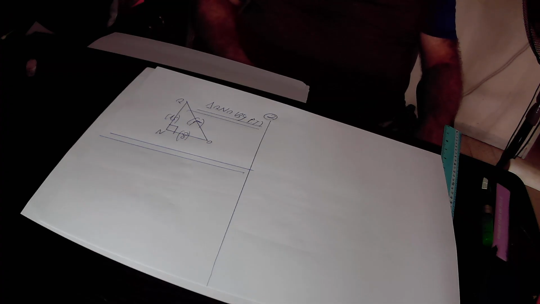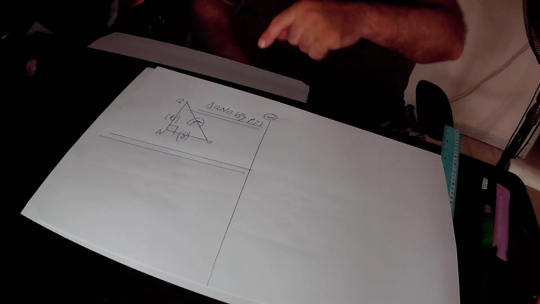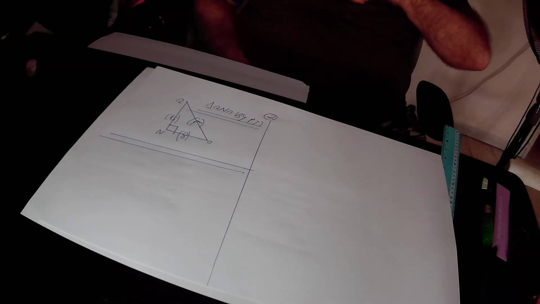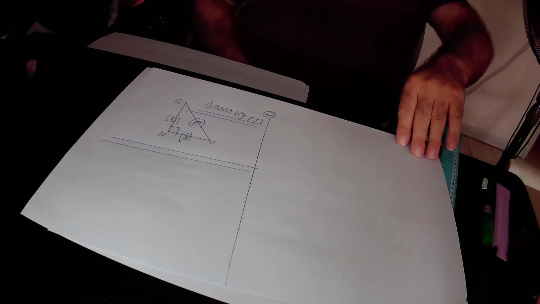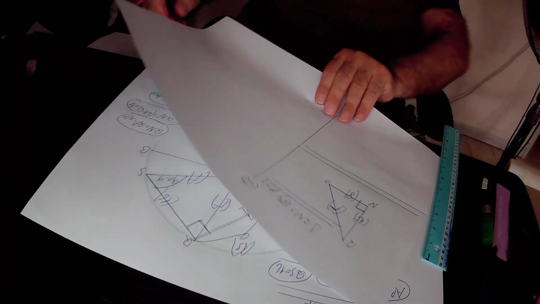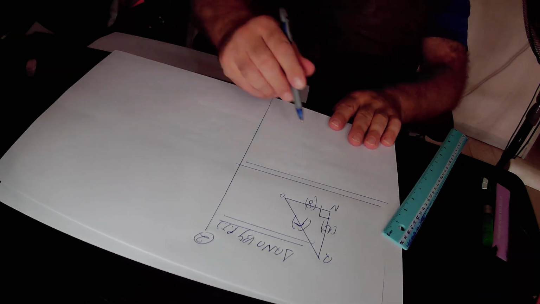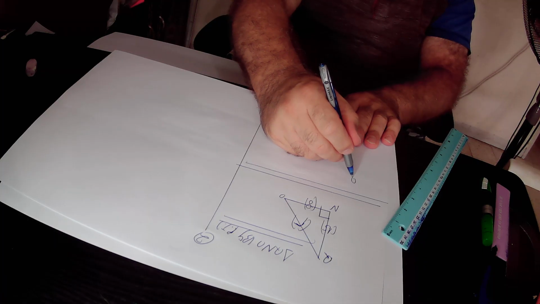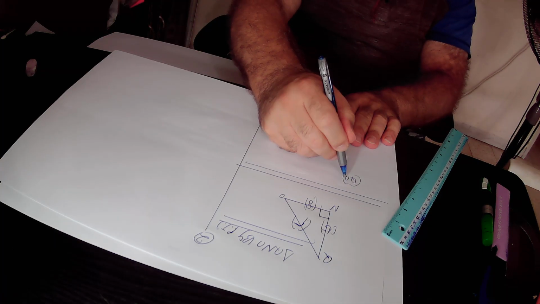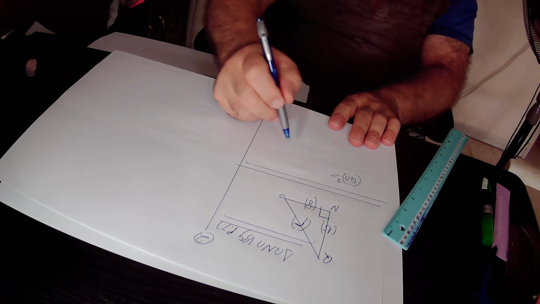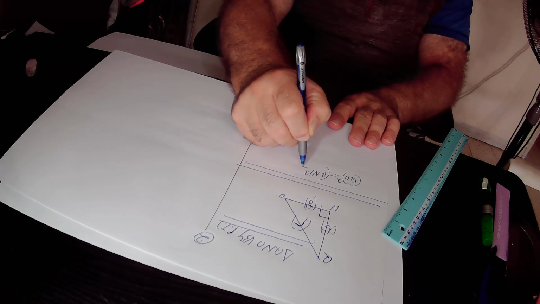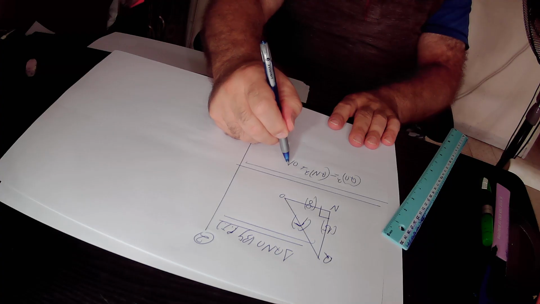In this right triangle QNO, QO squared, that is the square of the hypotenuse, equals QN squared plus NO squared. So I write it down: QO squared, the square of the hypotenuse, is equal to QN squared plus ON squared.